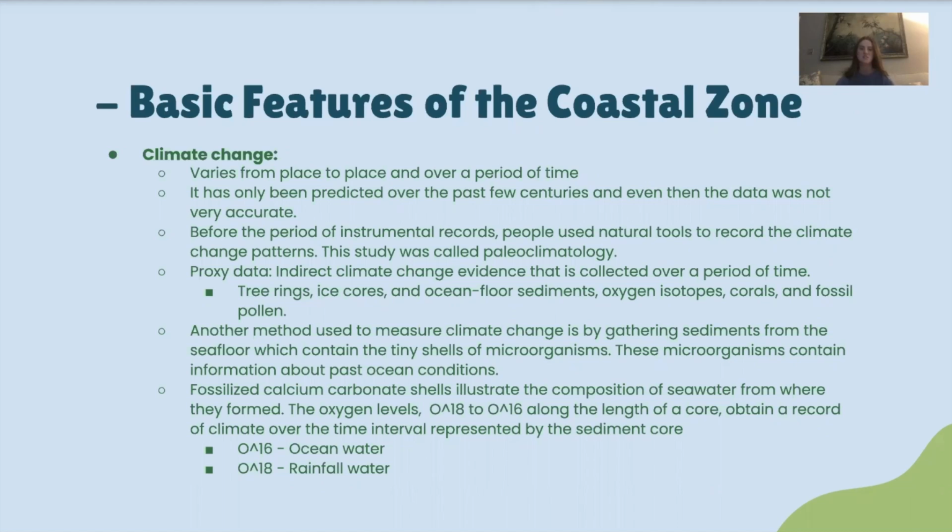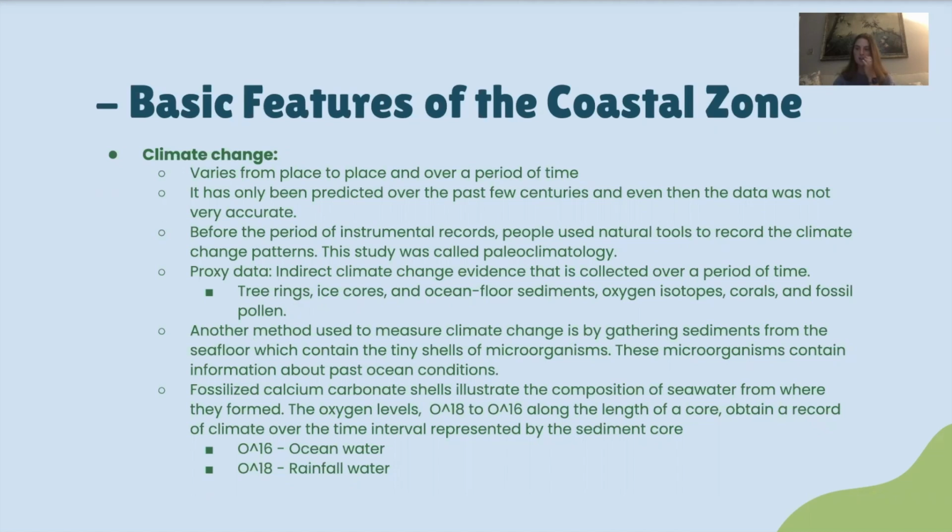Hi, my name is Hannah Schweitzer, and I did some research on the basic features of the coastal zone. Basically, this portion was about climate change. Climate change varies from place to place, and it also varies over a period of time.